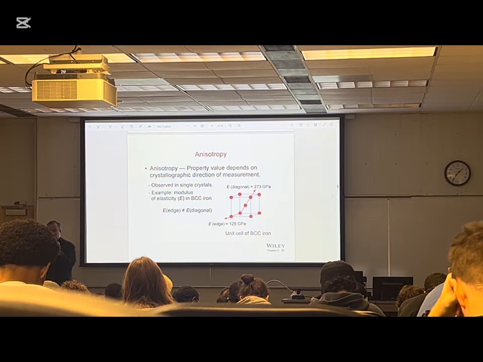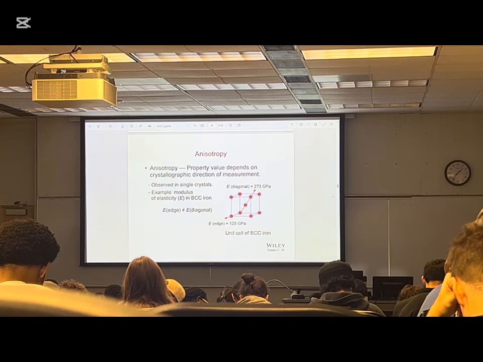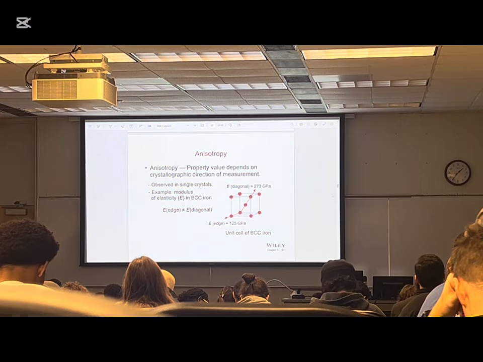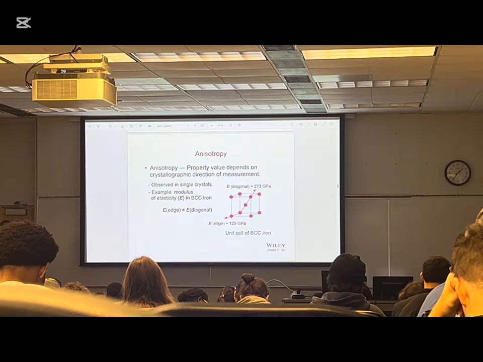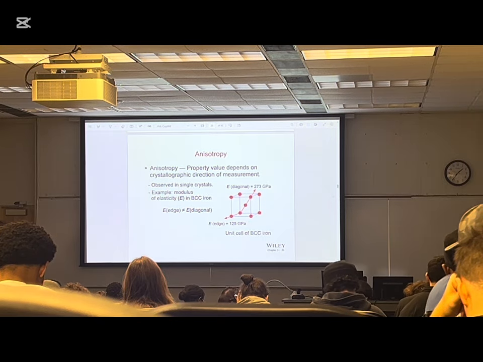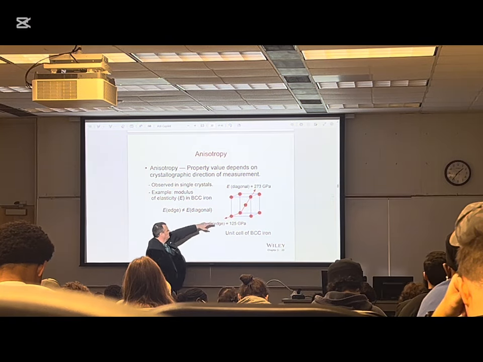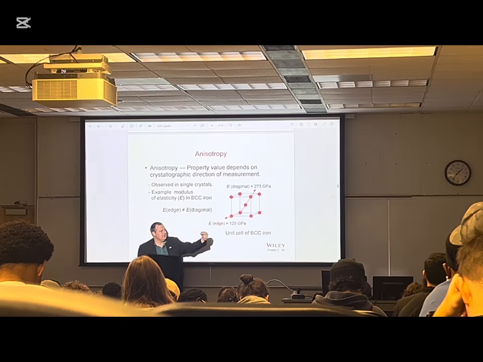Because the diagonal is a close-packed direction, meaning that the atoms are touching each other along this direction. I'm passing around those things that you're looking at, and you can see which direction is close-packed. If we're looking at this here, these two atoms are not touching each other.